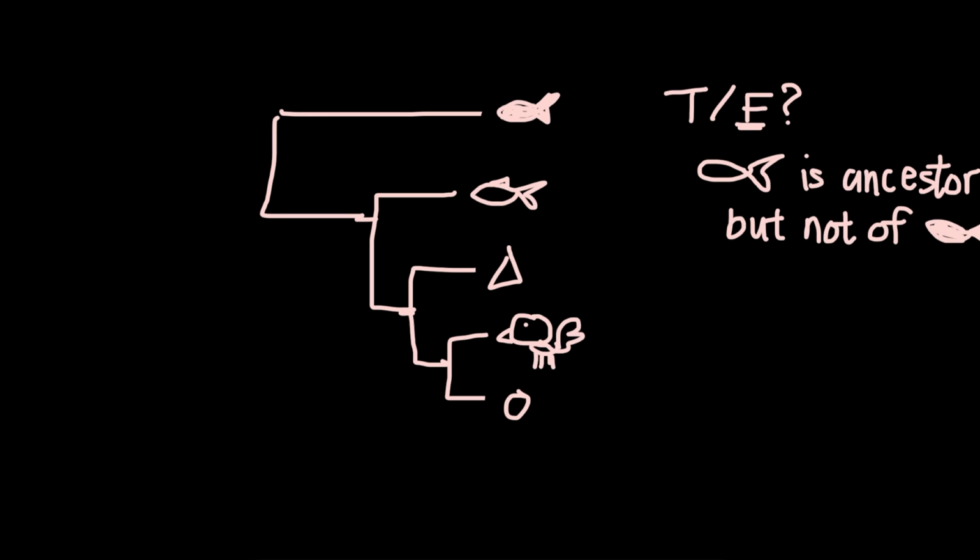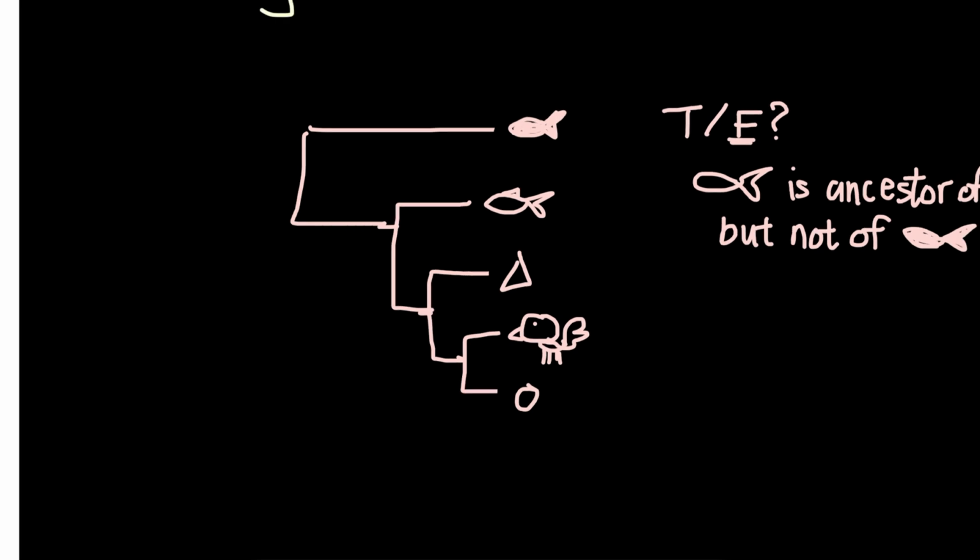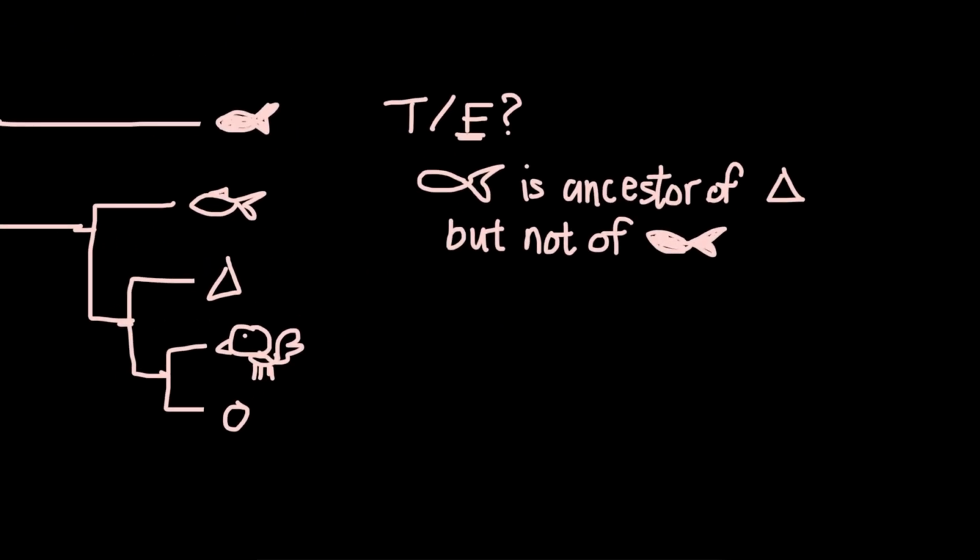So we know cladograms can also be represented in different ways. And here we have another way that it can be represented. And I have a true or false question for you. Blackfish, and by the way, these are fictional animals I made up from real examples so we don't get copyrighted. This blackfish is the ancestor of triangle, but blackfish is not the ancestor of pinkfish.